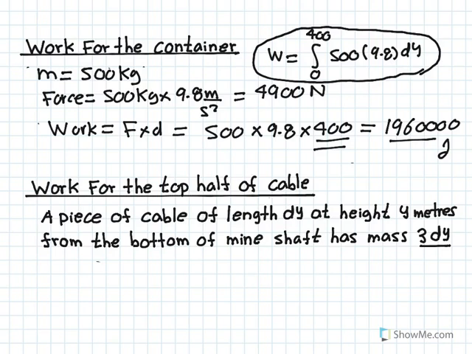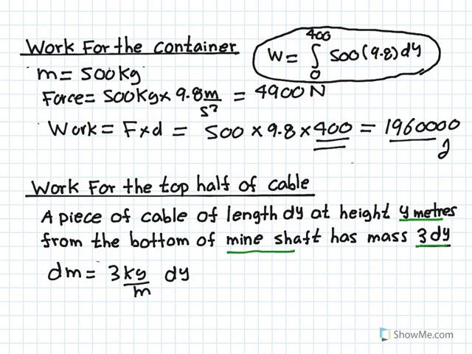So now let's look at the work for the top half of the cable. A piece of cable of length dy at height y meters from the bottom of the mine shaft has a mass of 3 times dy. So the differential mass is 3 kilograms per meter times dy, where the units of dy are meters, of course.